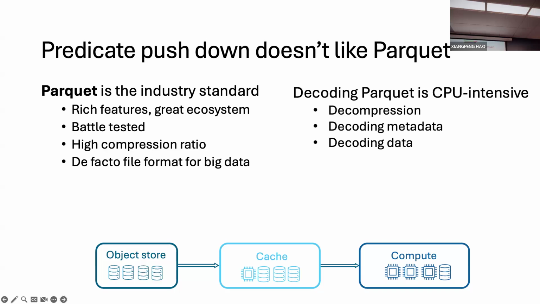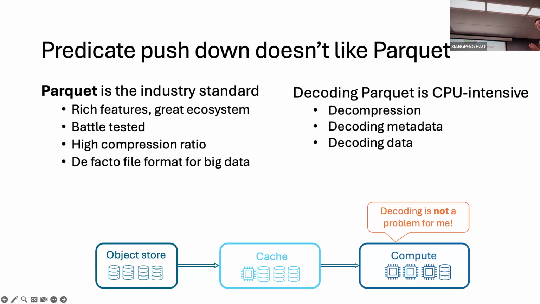Spoiler alert. Decoding Parquet is CPU intensive because you have to do all those three steps. You have to decompress it, since Parquet is compressed using general purpose compression algorithms. You have to decode the metadata, which somebody complains is slow. And then you have to decode your entire results of the data.